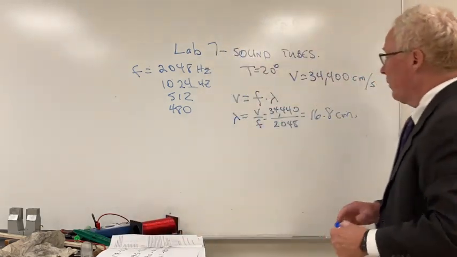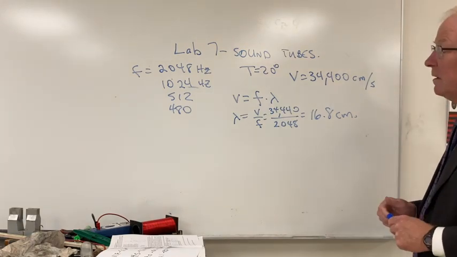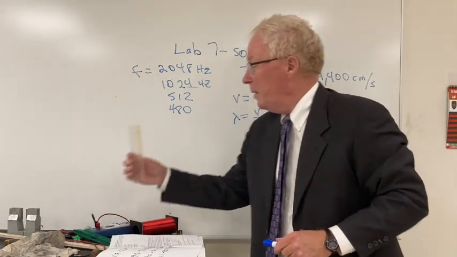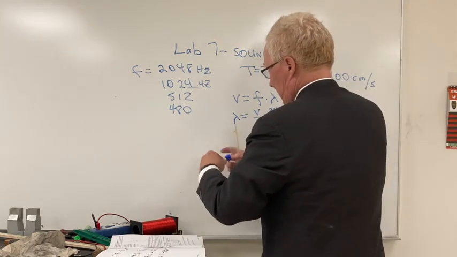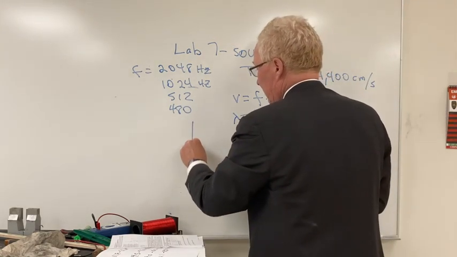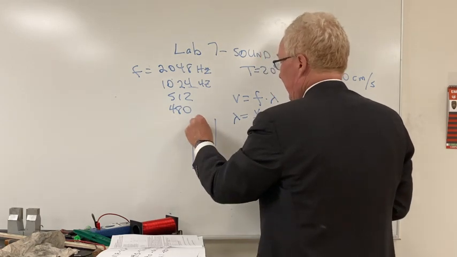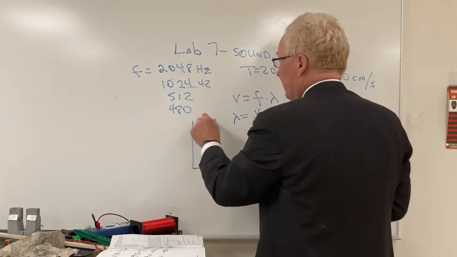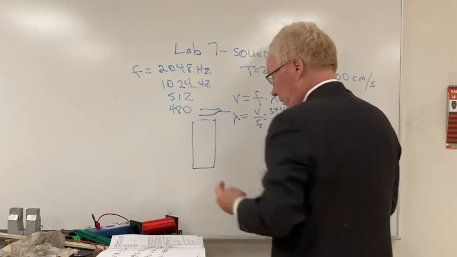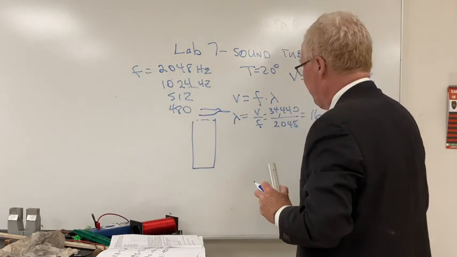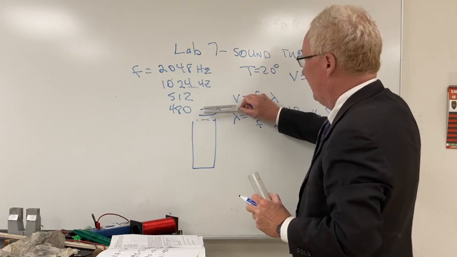And then what we're actually going to measure is in a tube, all right? So if you have a vibrating tube, like so, and we have a tuning fork over it, like so, and we'll see that when we do the lab, it vibrates.